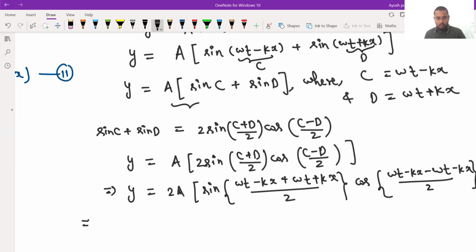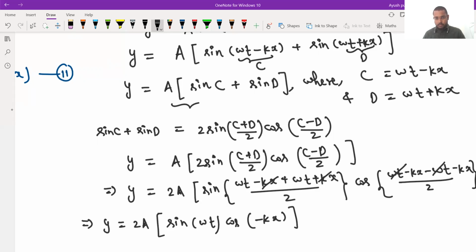The kx terms cancel out in the sine, and ωt cancels out in the cosine. We are left with sin ωt, because ωt plus ωt is 2ωt and the 2 in the denominator cancels out. In the cosine, this will be cos(−kx).